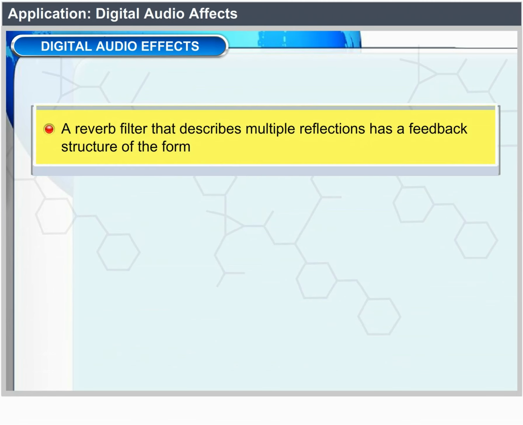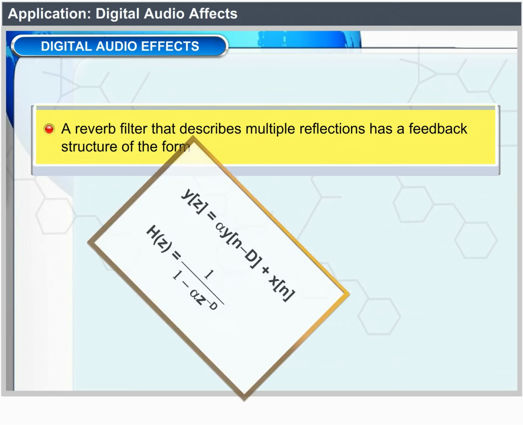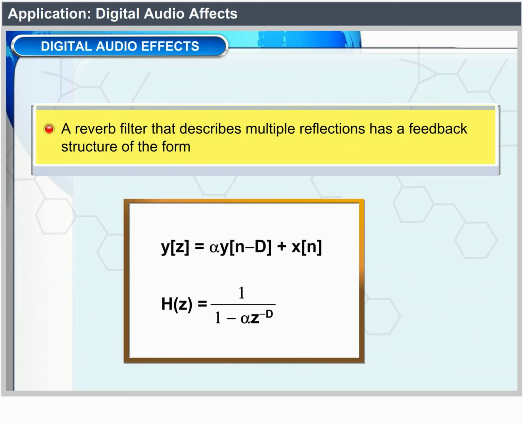A reverb filter describes multiple reflections as a feedback structure of the form y[n] = alpha y[n - d] + x[n], H(z) = 1 / (1 - alpha z^(-d)).